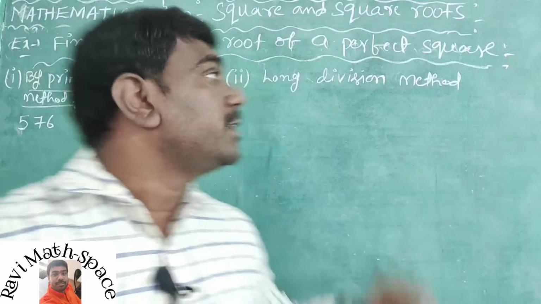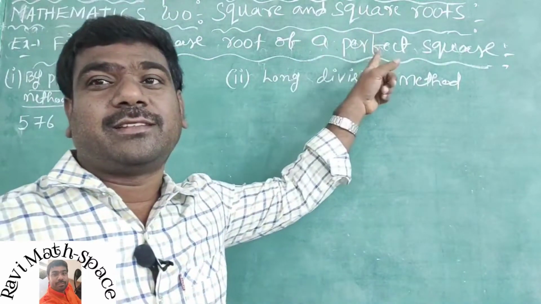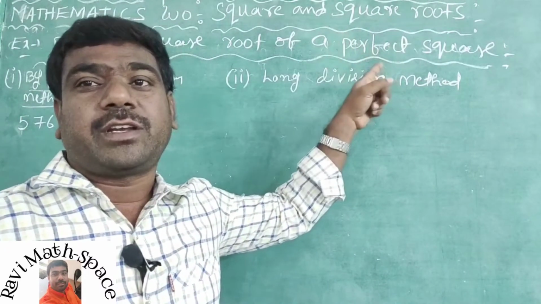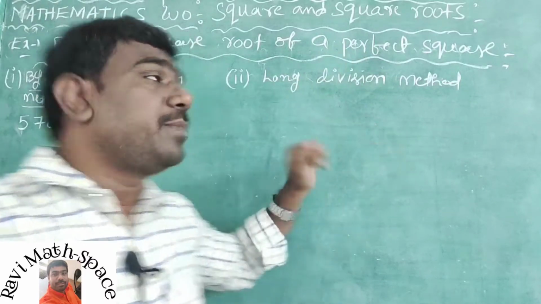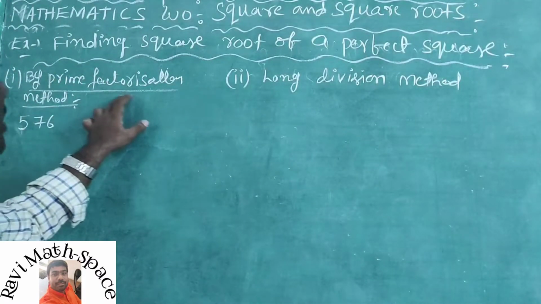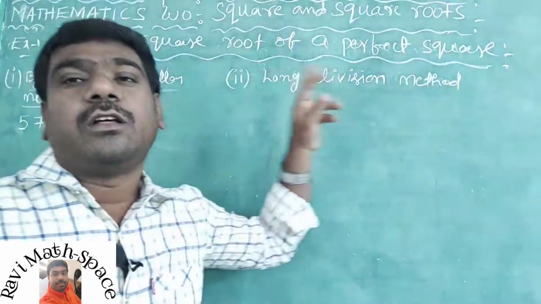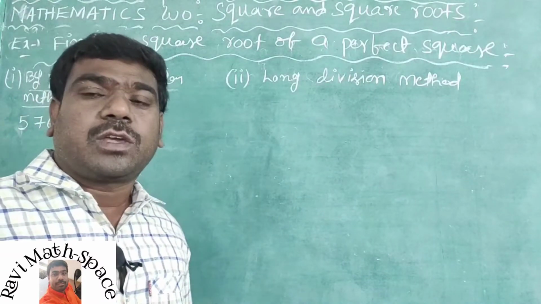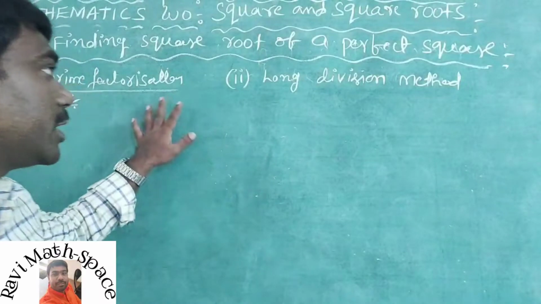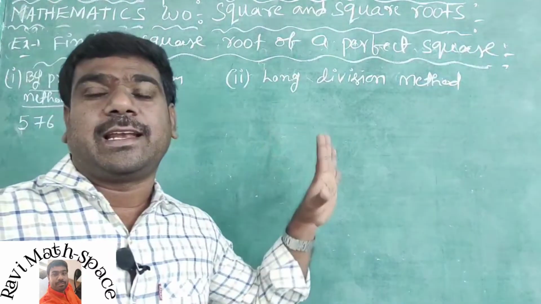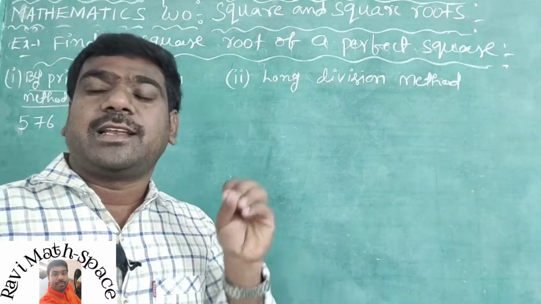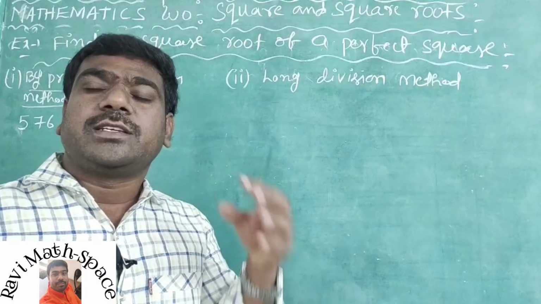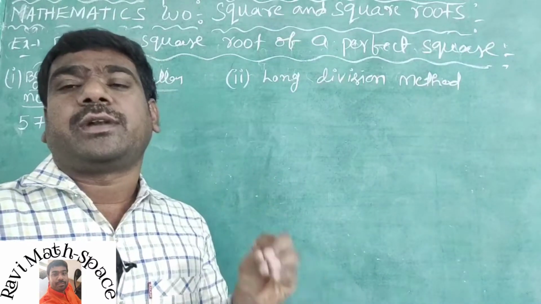If the given number is a perfect square, then only we can apply the prime factorization method as well as the long division method. Through one example I will explain both methods clearly. Try to understand clearly. For students it is very important.